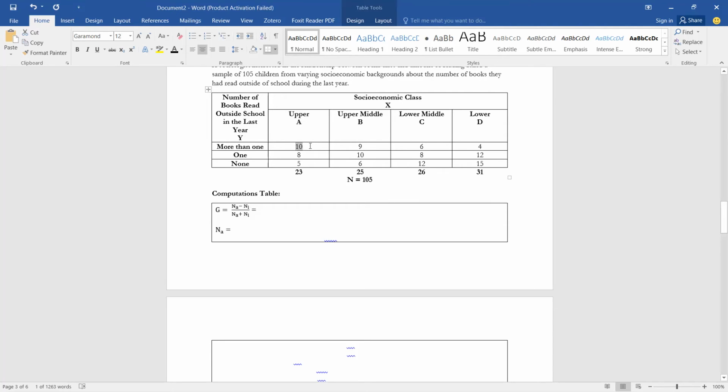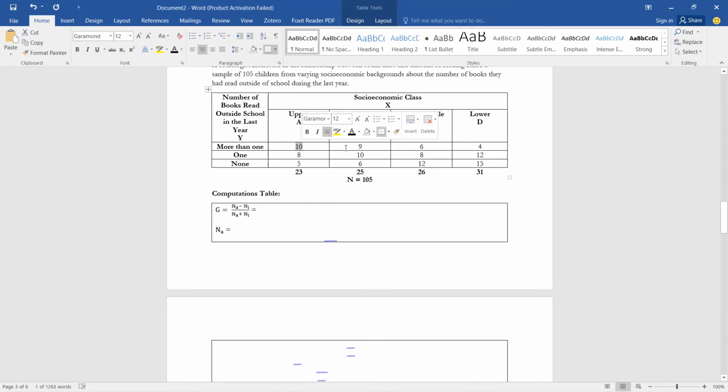So, let me repeat, we will multiply 10, the upper left cell, to the values in other cells that are below it, but also to the right of it.